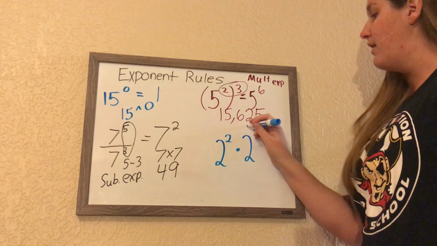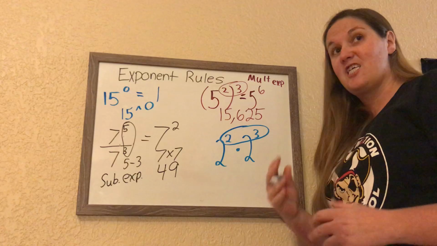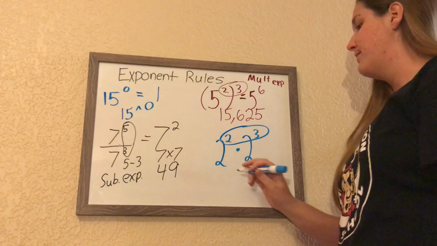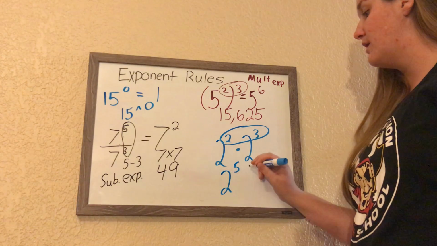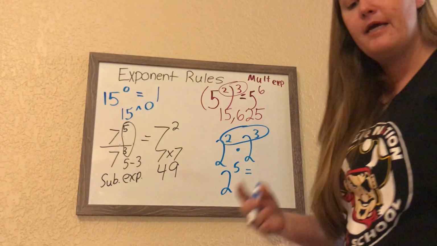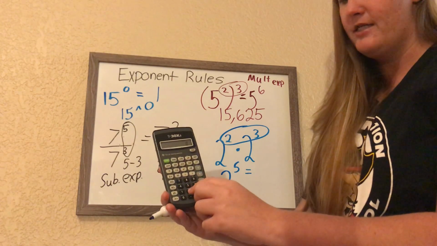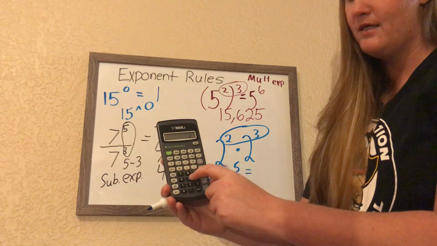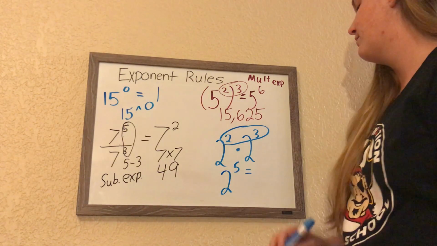So when we multiply our bases, what we're doing with our exponents is we're actually adding the exponents together. So the base stays the same. We'd rewrite this as 2 to the 5th power. In order to evaluate, that means solve, go ahead, hit 2, y to the x, 5, and you'll get 32.